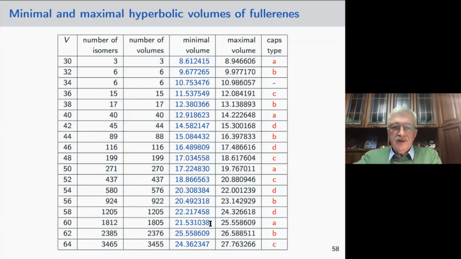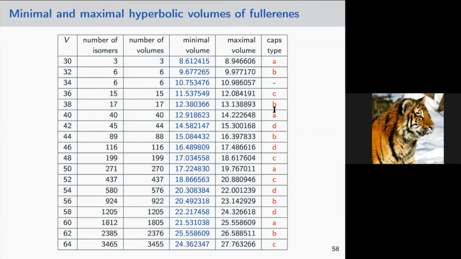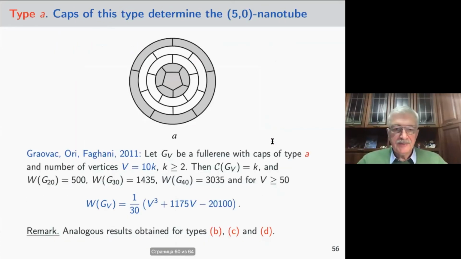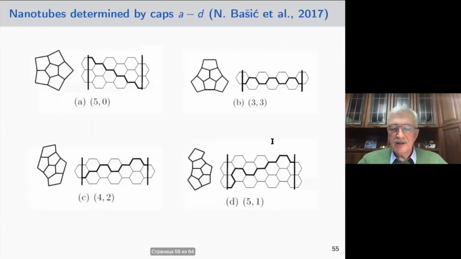This is among fullerenes, not among all Pogorelov polyhedra. And we know the minimal volume fullerenes, and we just checked the cap structure for each of them. So it's A, B, C, D, exactly the caps which appeared in the previous slides. So this kind of caps.